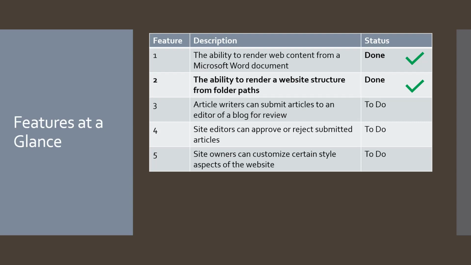And you click on a category and it shows you the list of blog posts or articles that are part of that category. In this application, when you want to add a category, you just add a folder to the root directory, and anytime you want to add an article to that category, you just save a Word file into that folder.